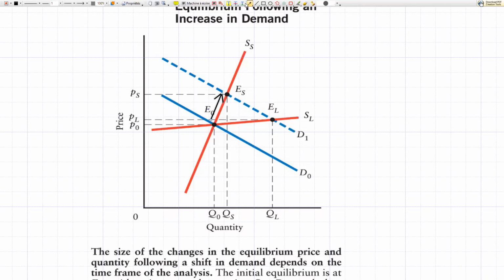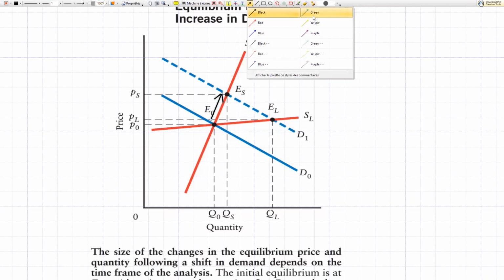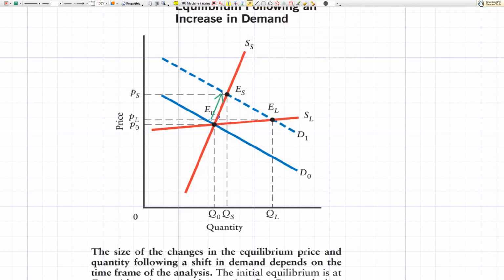In the short run, let's put that in green. It's not easy to increase the amount of production because I don't have any more solar panels. But in the long run, I can install more solar panels. So the price would go up a lot.